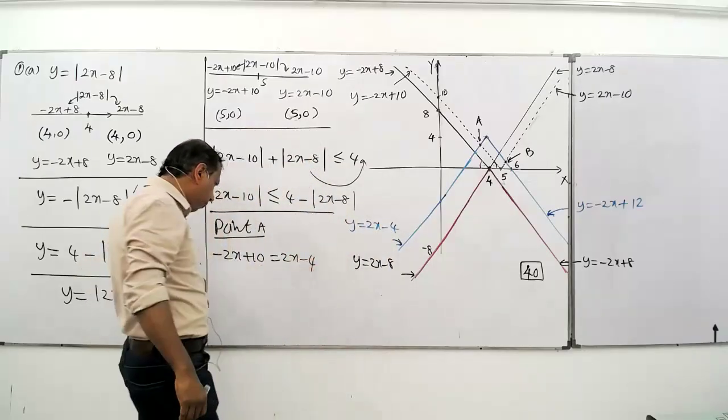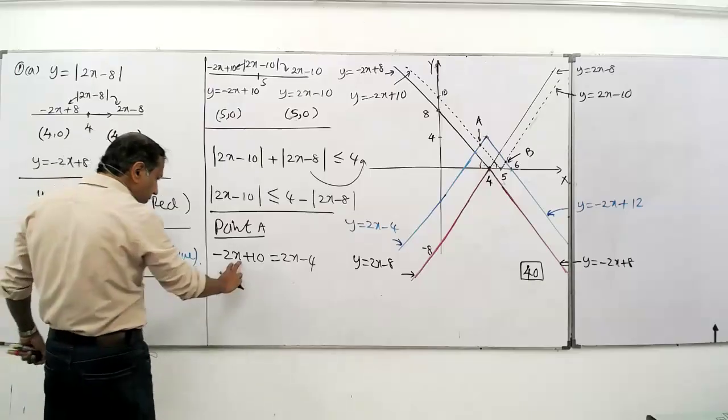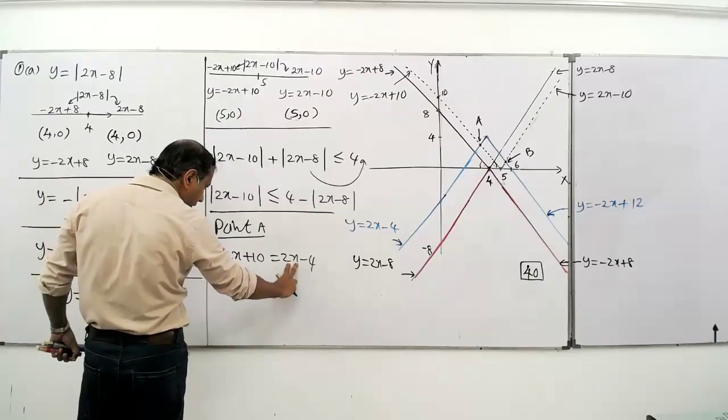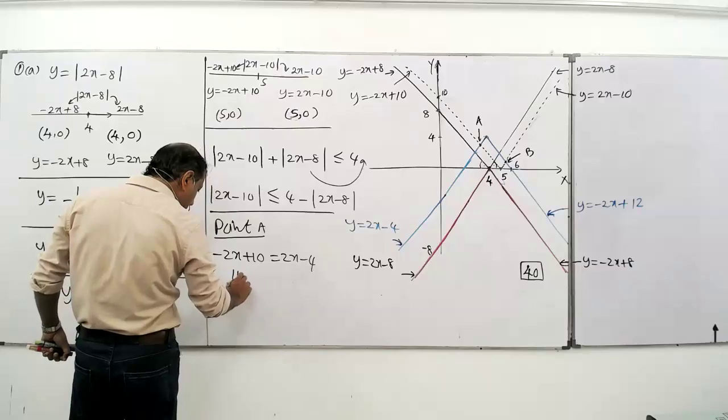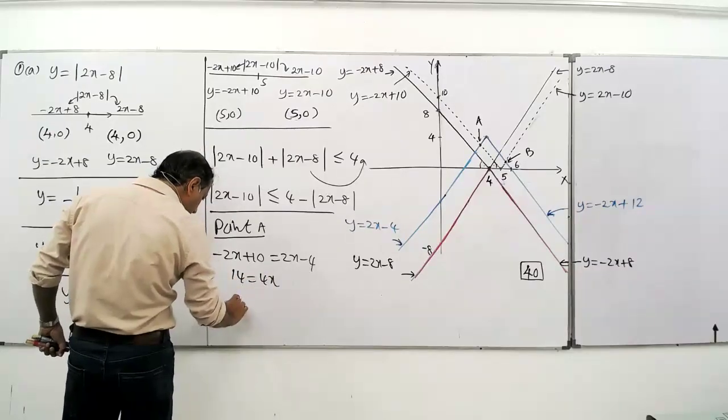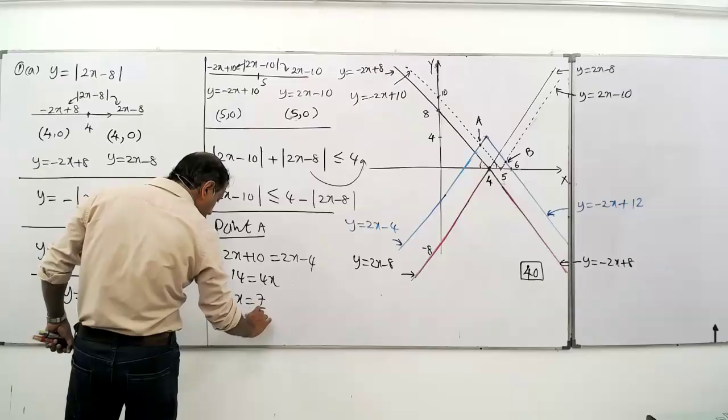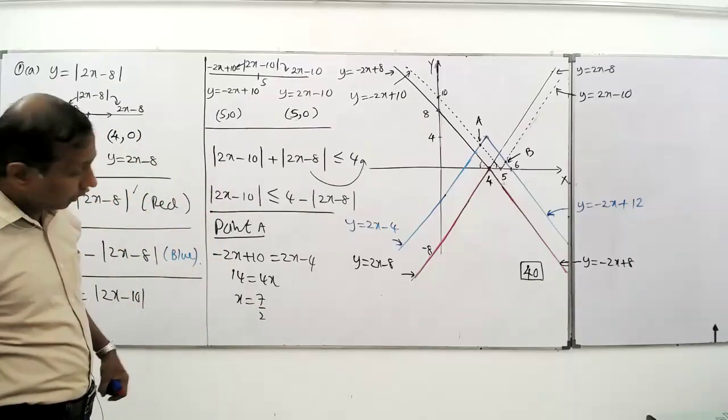Right. When you solve them, what do you get? Bring to this side, 4x comes in, this to this side 14. Then we get x equals 7 by 2. Okay.